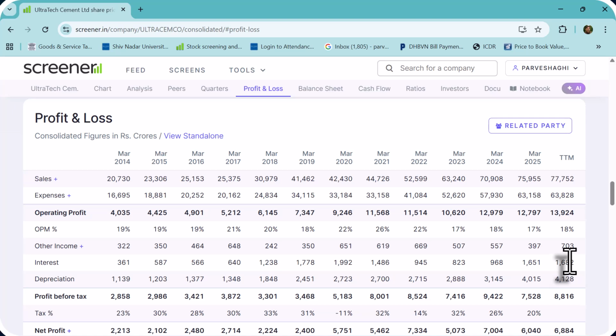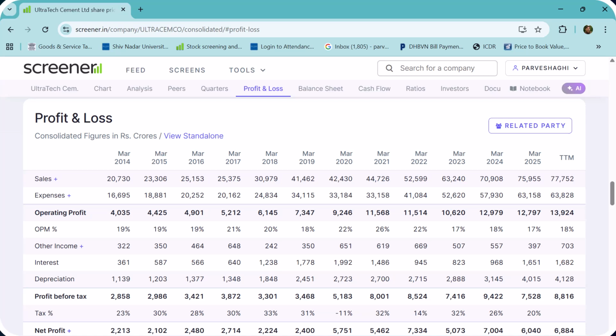If you add them, it will come to earnings before interest and depreciation. So what is the item which is not there? It is the other income. The only difference is the other income, where there is some kind of goof up or manipulation.